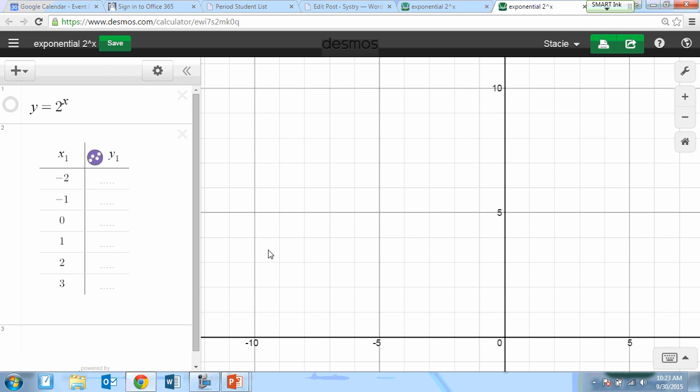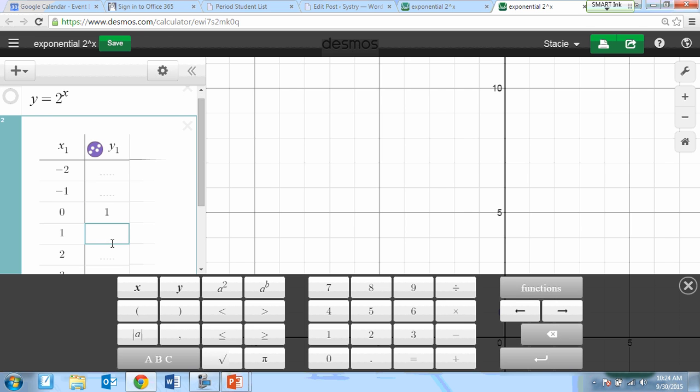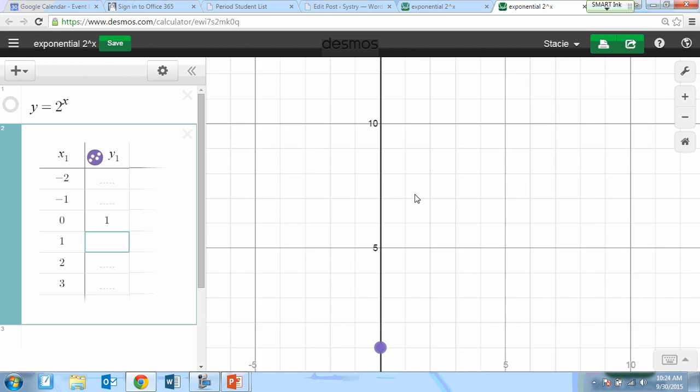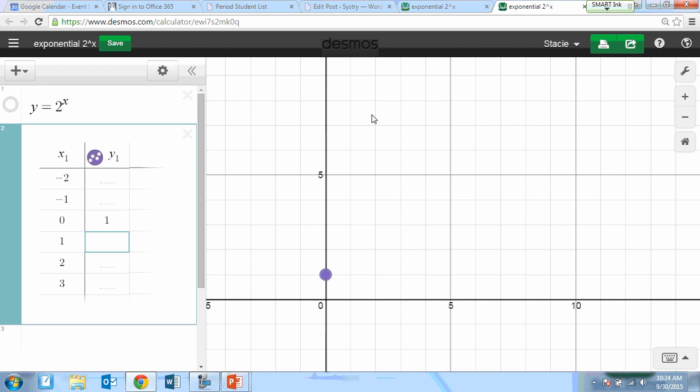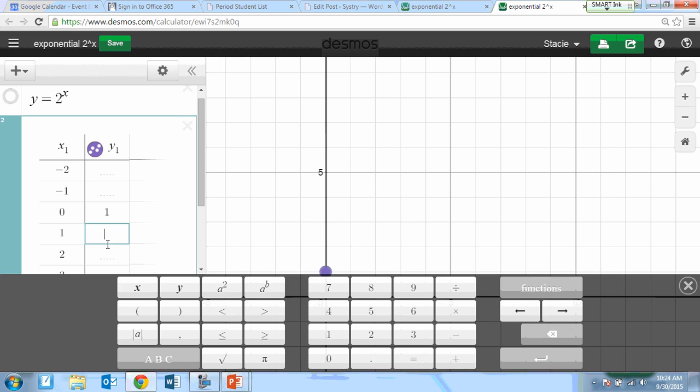Okay, let's do the easy one. We said that anything to the 0 power is 1. So when we plug in 0, we're going to get a 1. Now let's put in 1. 2 to the first power is going to be 2.